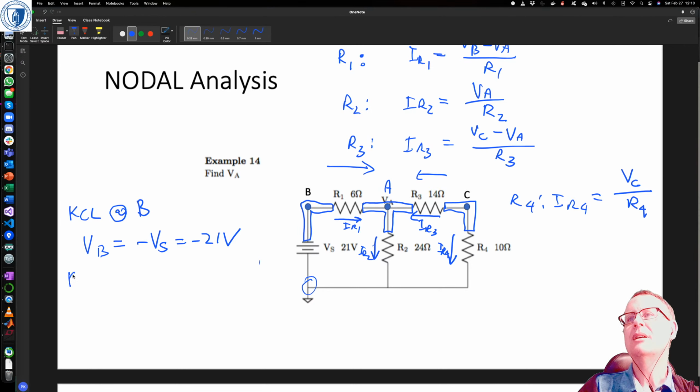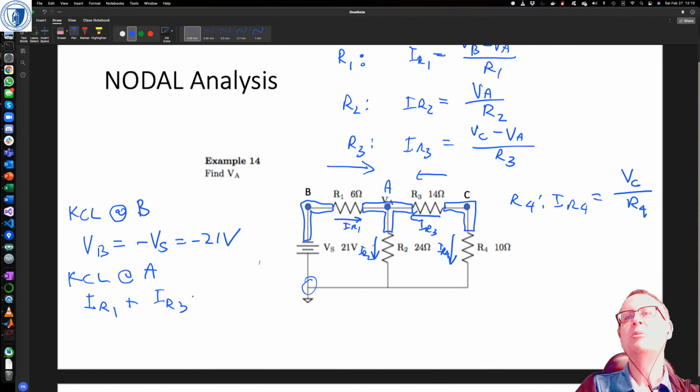Let's do KCL at A, right? And we've got IR1 flowing in, IR3 flowing in, and we've got IR2 flowing out, right? It's going in the opposite direction, so it's negative.